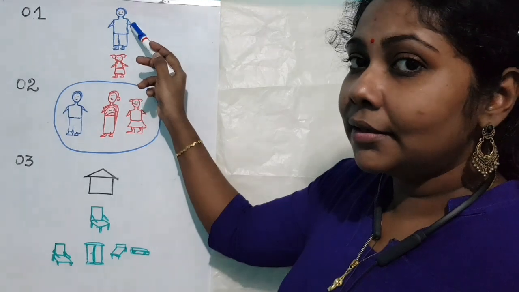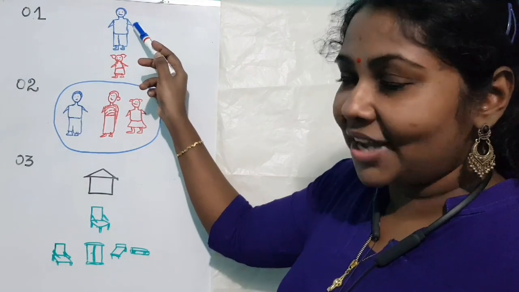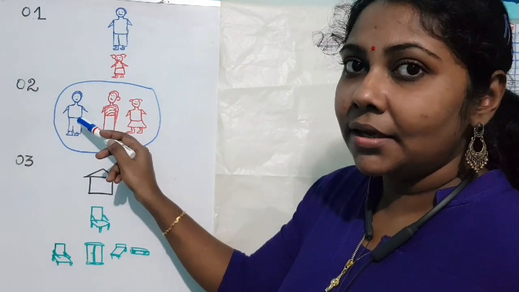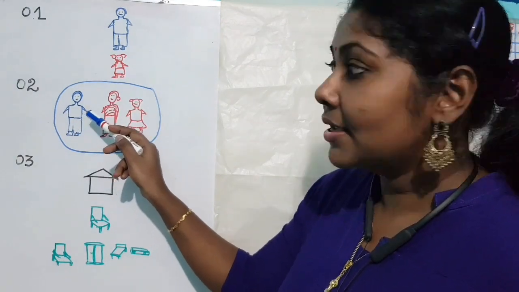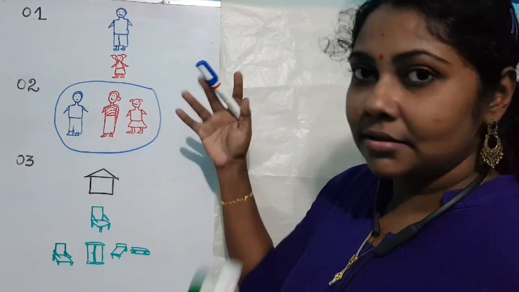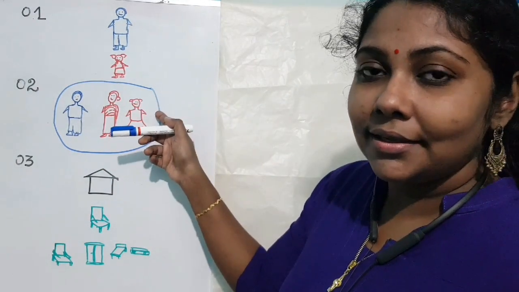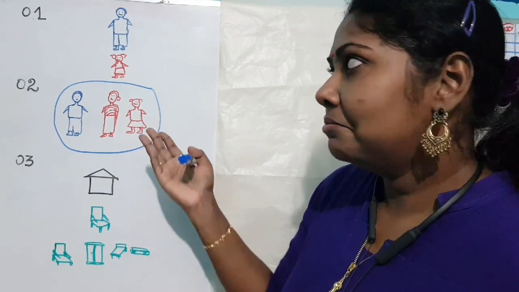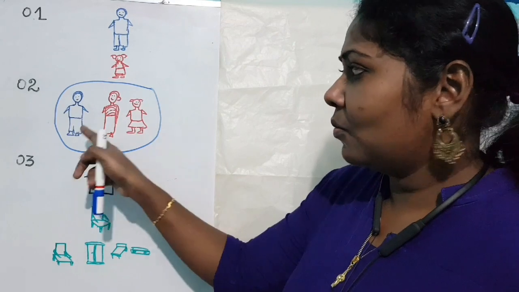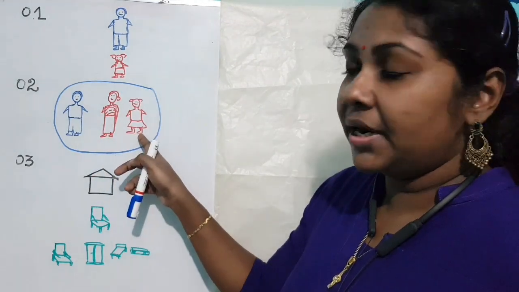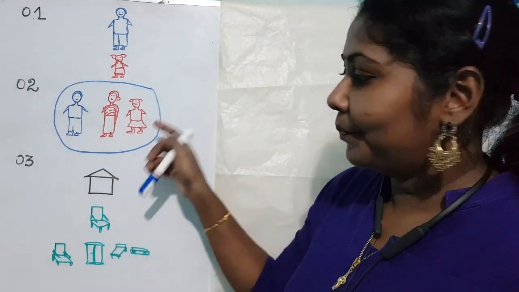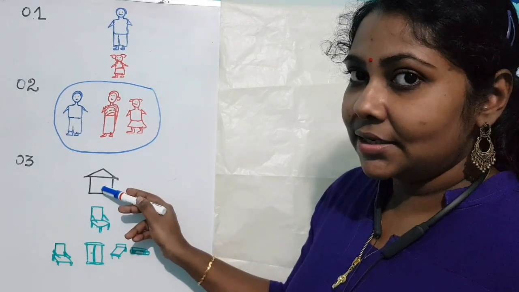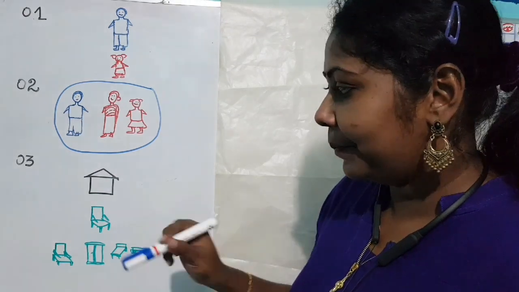Who's he? He's Raj. Who are they? They are people. 1, 2, 3. People. What's it? Okay.